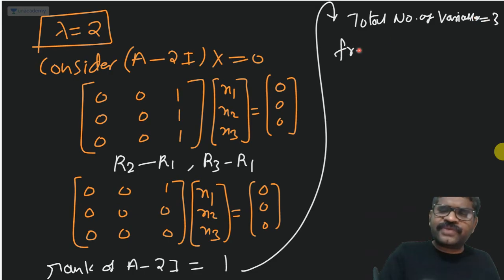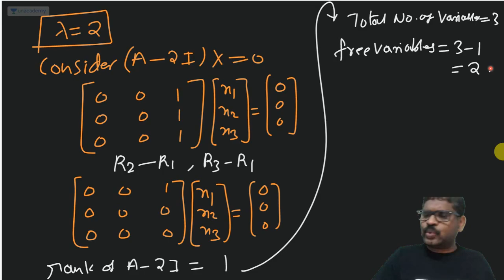Now, free variables equal to 3 minus 1, which is 2. So you can understand that here you are going to get 2 independent vectors. Okay, how to get 2 independent vectors? I would like to explain.